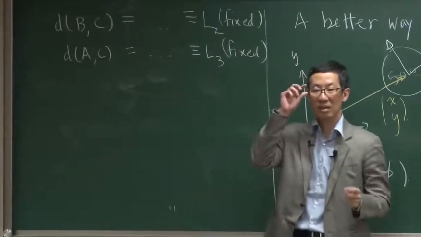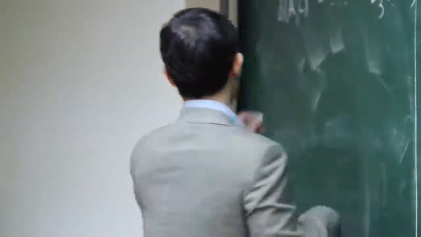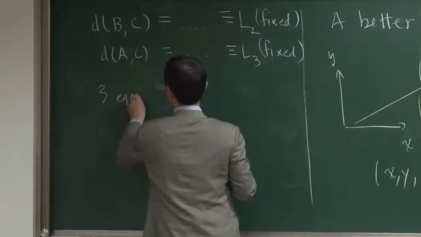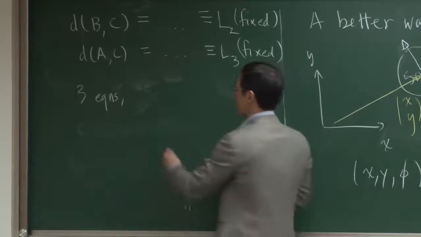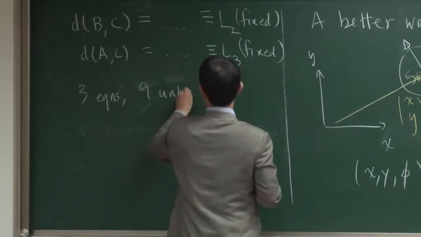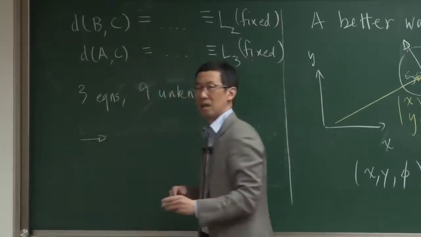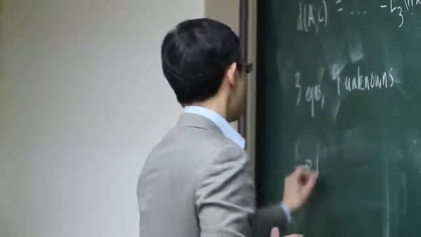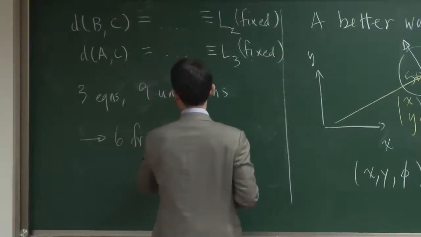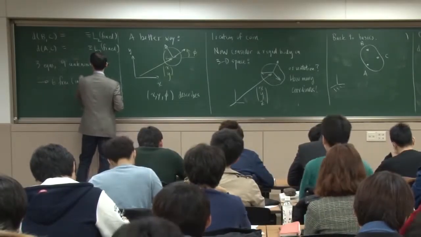Let's go back to that counting game: number of equations, number of unknowns. We have 3 equations. How many unknowns? 9 unknowns. So 9 minus 3, we have 6 free or independent parameters.